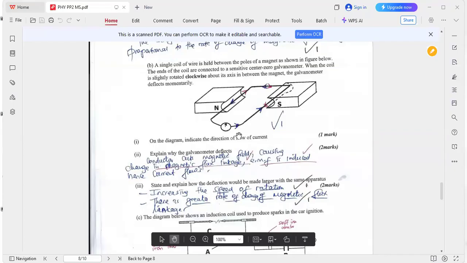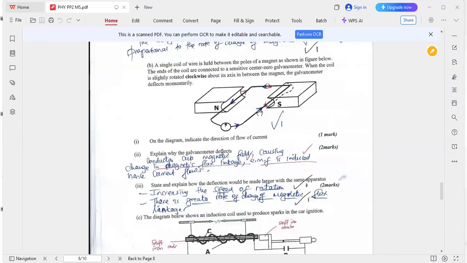So let's choose the right-hand side of the coil, this side, next to the south. So field north to south, using the right hand, not left. Field north to south. Force is downwards because we are told it's clockwise. Then we can see that the second finger points from this side towards the galvanometer, this way.